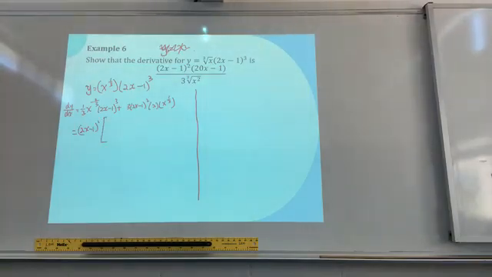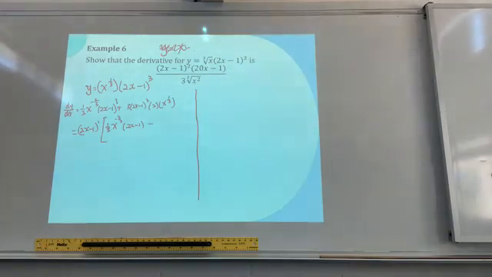So this term therefore becomes 1/3 x to the power of minus 2/3. And then that is multiplied in as 2x minus 1. Yeah? Happy with that?